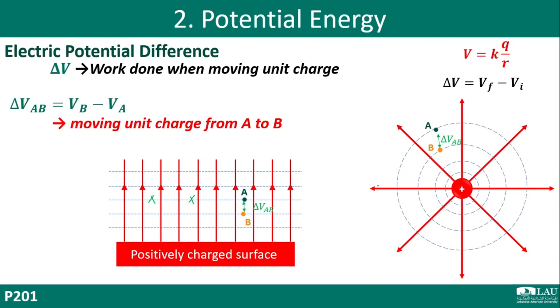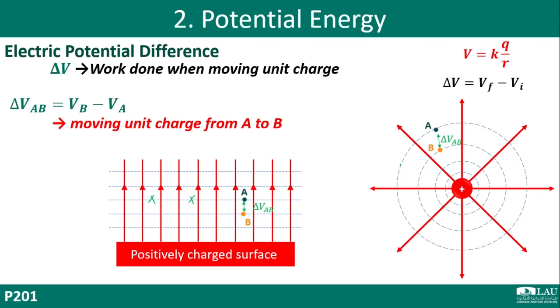So we will have spherical or circular representation of the equipotential lines. If we have a three-dimensional representation, we will talk about equipotential surfaces, not lines, and they will have a spherical shape. But now we will skip this part.